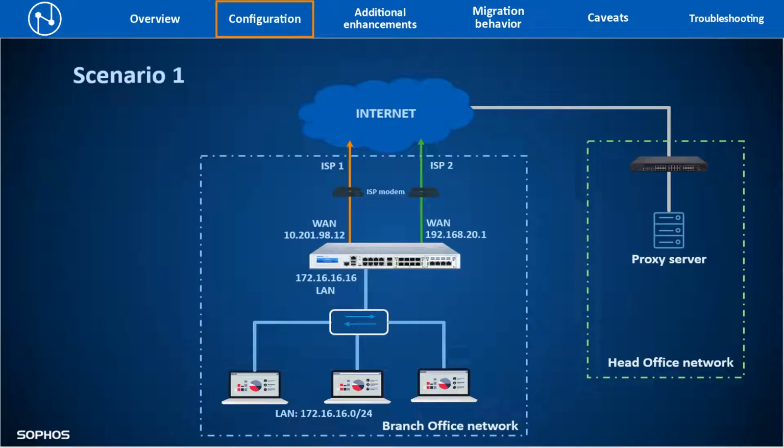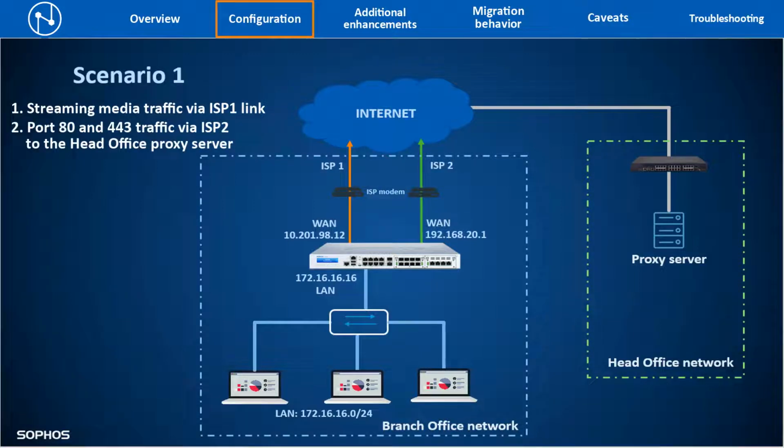As per the requirements of the customer, the traffic of all the streaming media applications originated from any LAN machine must be routed via the ISP1 link only, and all the 80 and 443 traffic originated from the LAN users must be routed via ISP2 to the web proxy server located in the head office.